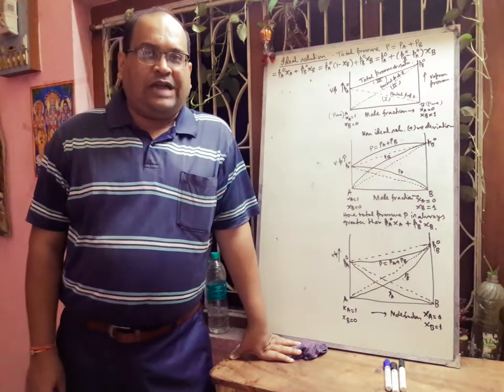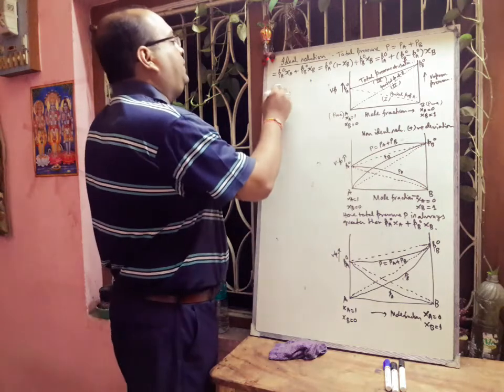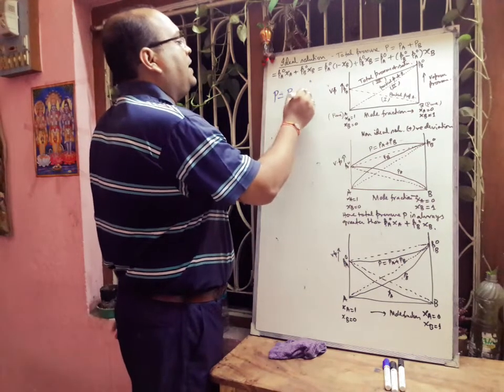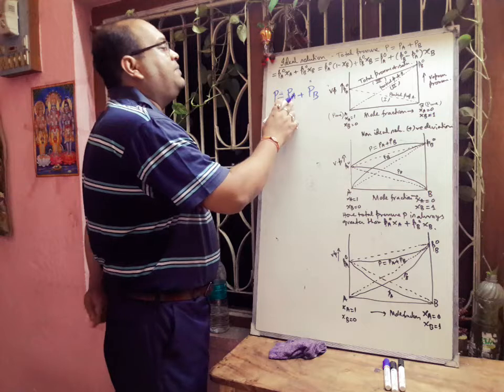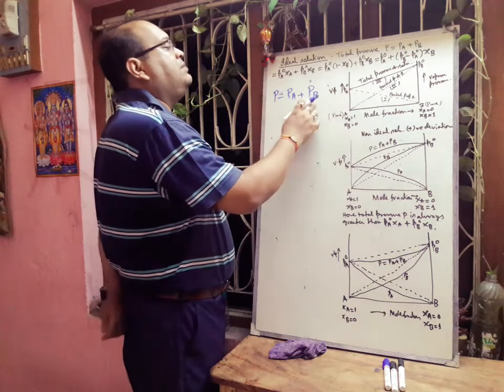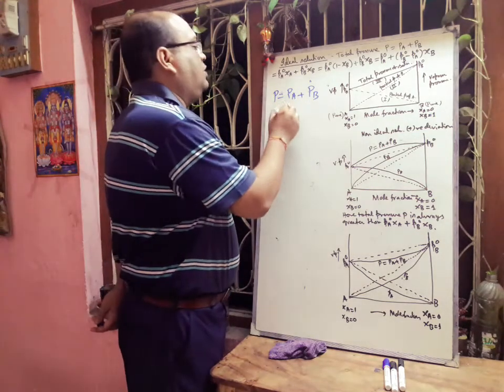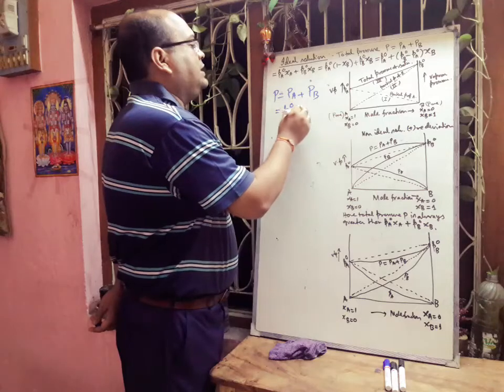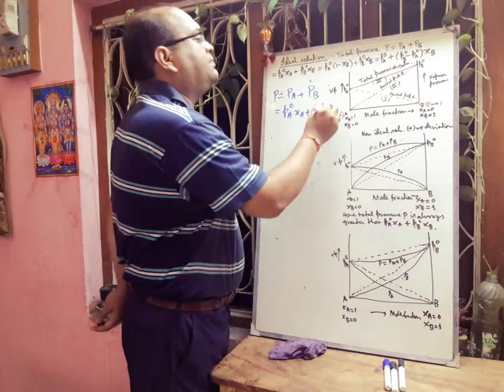According to Dalton's law of partial pressure, we know that P is equal to Pa plus Pb. The total pressure will be the partial vapor pressure of A and the partial vapor pressure of B. So from here we can write that it will be equal to Pa0 Xa plus Pb0 Xb.